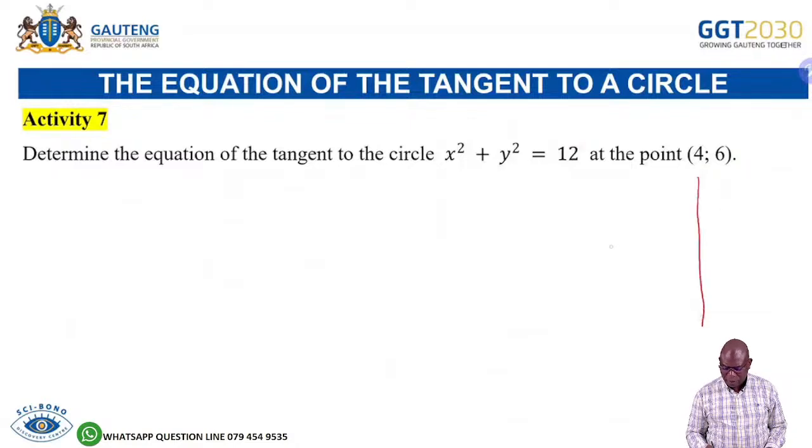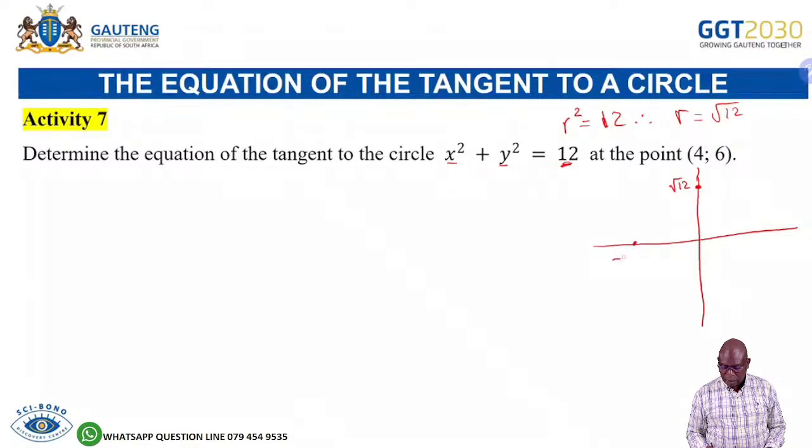Now I have a Cartesian plane. You can see here, x squared plus y squared is 12. What is this 12? It's r squared, which means my radius will be square root of 12 here.